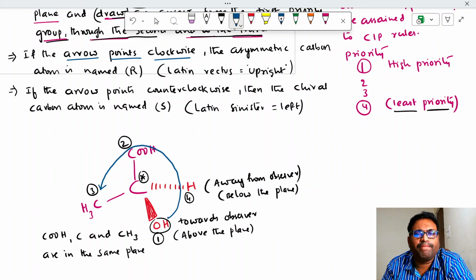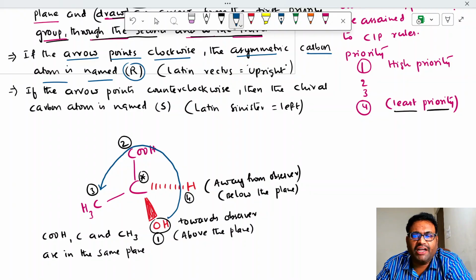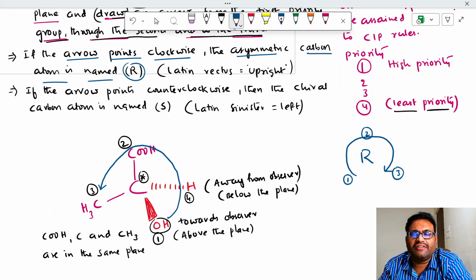If the arrow points clockwise, then the asymmetric carbon atom is named R. That means if you get an arrow like this, clockwise, from the first group through the second up to the third, then if you get clockwise, it is R.